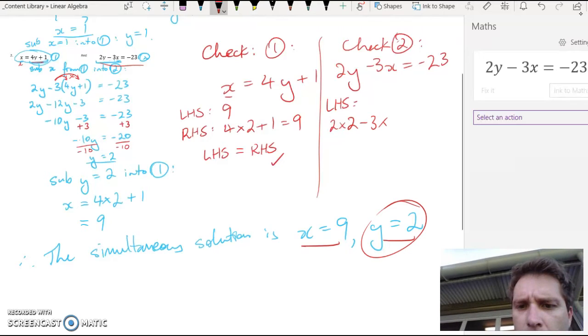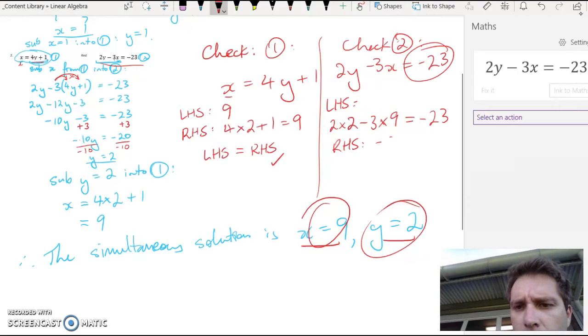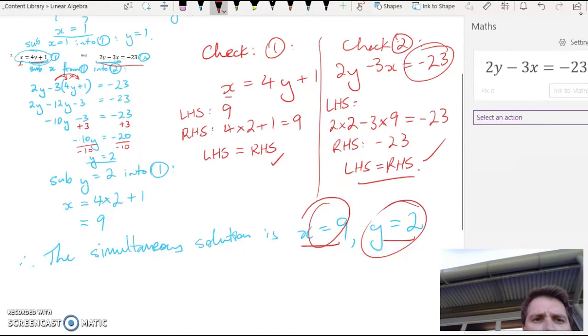Minus 3 times by x, which is 9. So the left-hand side is 4 minus 27. 4 minus 27 is negative 23. The right-hand side, well, the right-hand side's over here. It's already equal to negative 23. So left-hand side is equal to right-hand side on both of them. So we know that we've solved that pair of simultaneous equations.